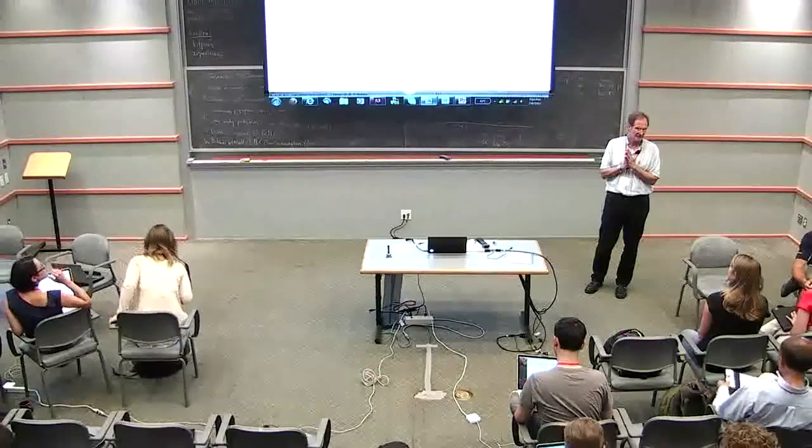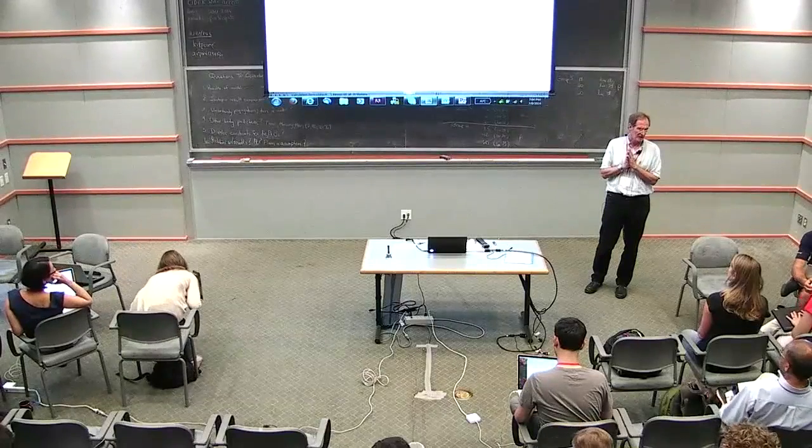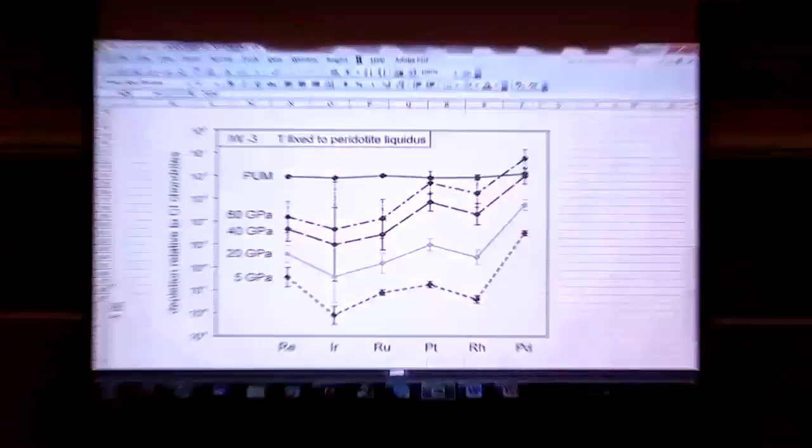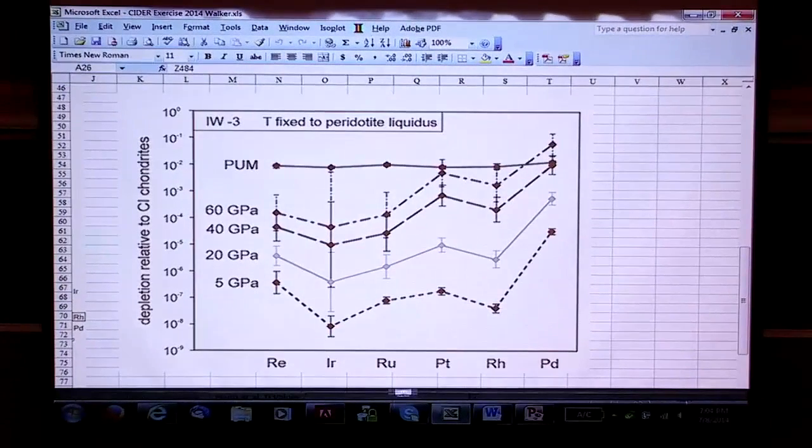The highly siderophile element abundances in the mantle as a consequence of varying pressure. So I told you at the outset you would fail, but we hopefully learned something from our failure. And so now let's consider some of the questions.